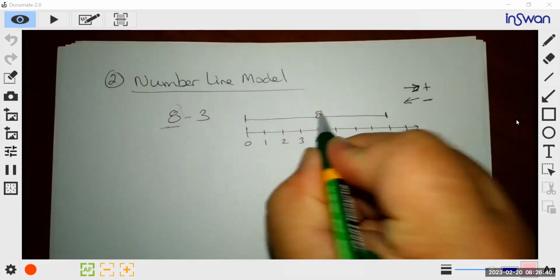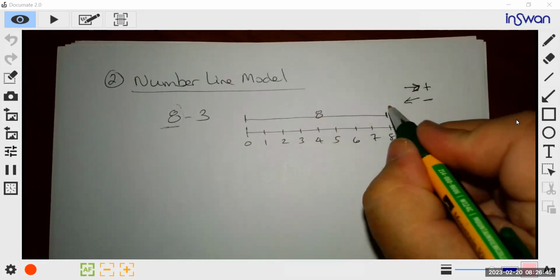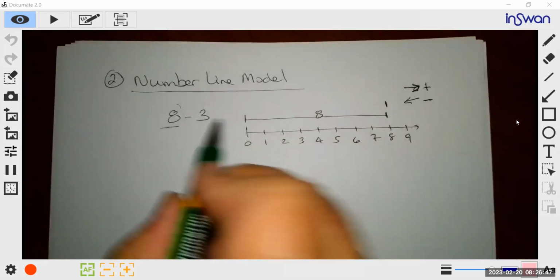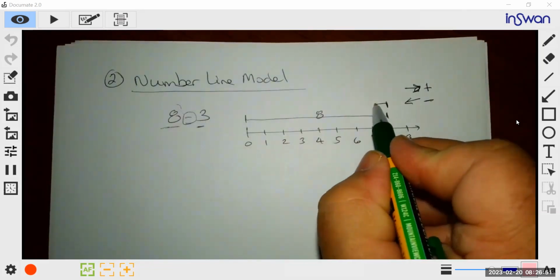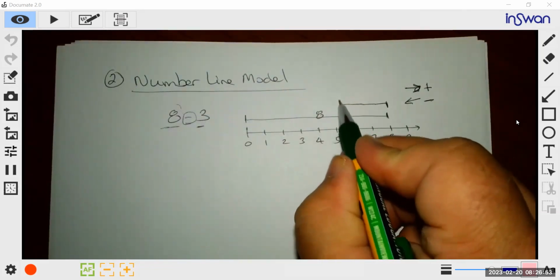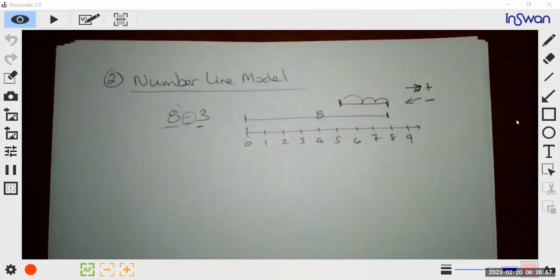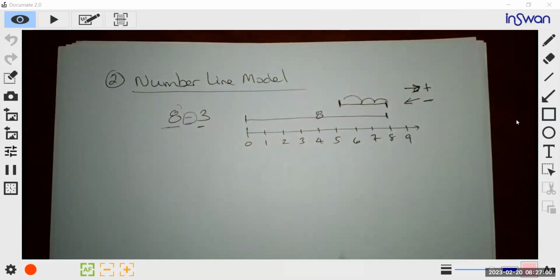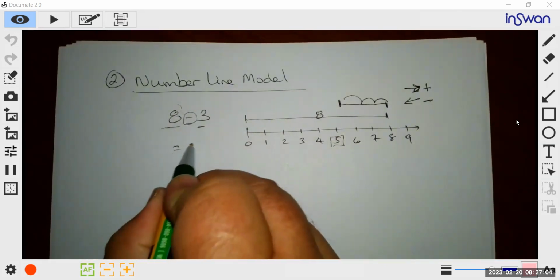That's 8. And then from where it stops, since I'm going backwards, I go 3 spaces: 1, 2, 3. Which says my answer is 5.